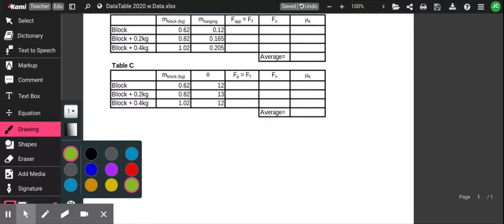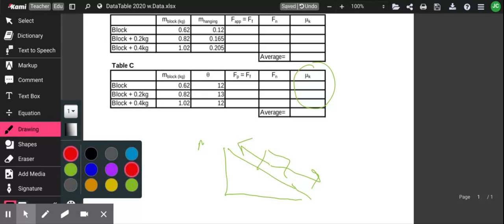For this table, we have to get our value a little bit differently, because what we have here is our inclined plane, and the inclined plane has a parallel force on it acting this way and a frictional force acting this way. And so the equation for the parallel force is mg sine theta.